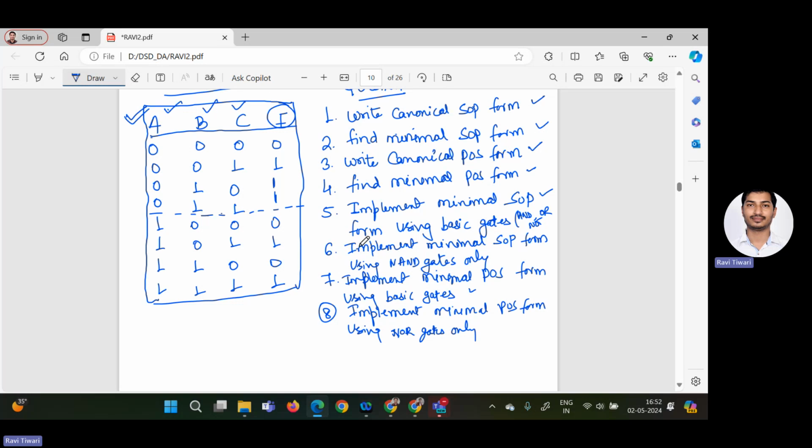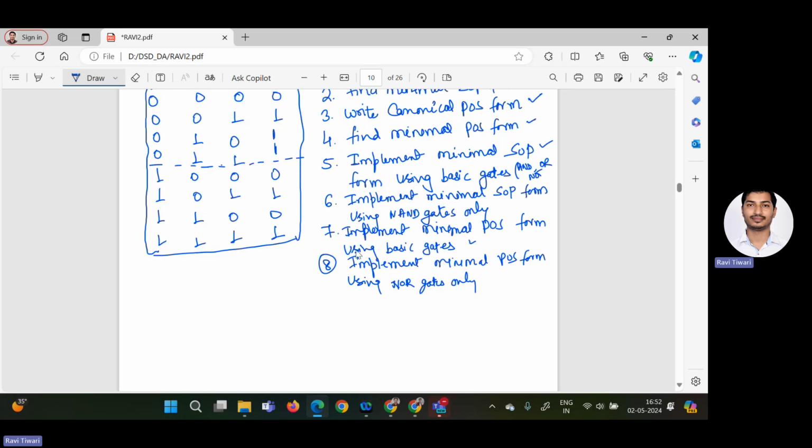So let's see the first part, and we will write down the canonical form, the canonical SOP form. In the canonical SOP form, always remember 0 represents the complement form, and 1 represents the normal form.